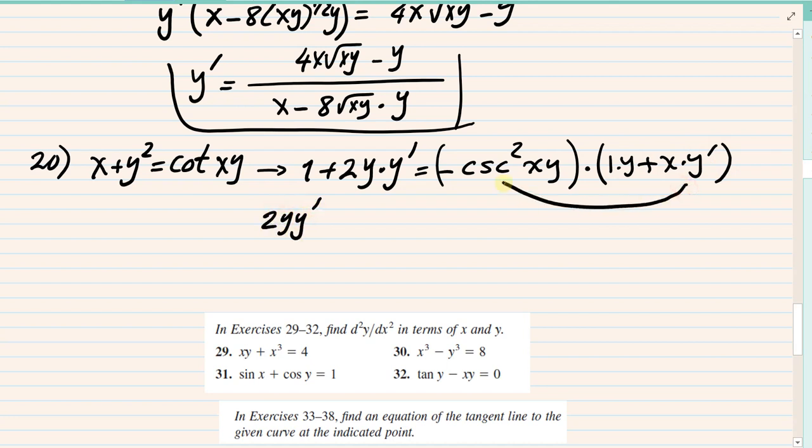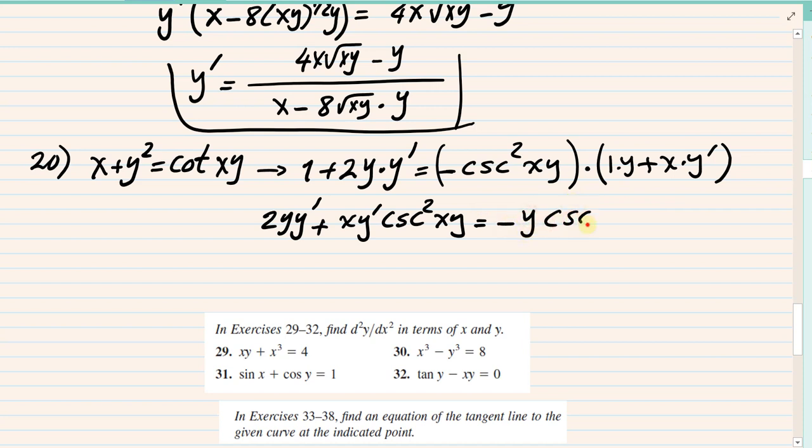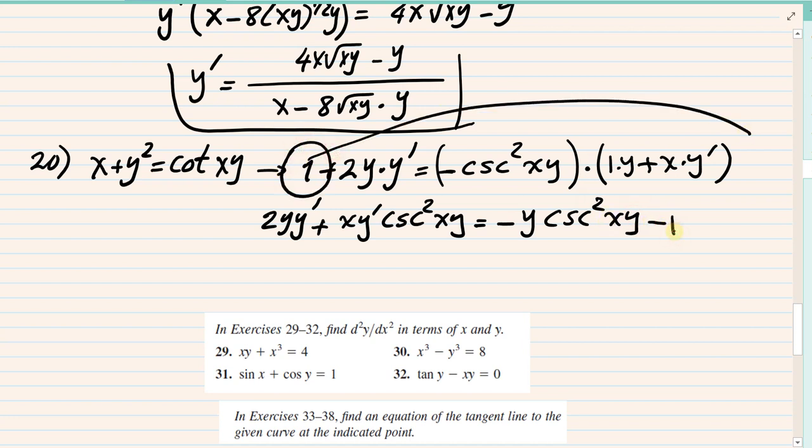Distribute cosecant squared to the second term of the binomial and move it to the left. The negative becomes positive, and it's going to be x y prime cosecant squared xy, and all that remains on the right side is negative y cosecant squared xy, and of course the 1 moves to the other side, becomes negative 1.